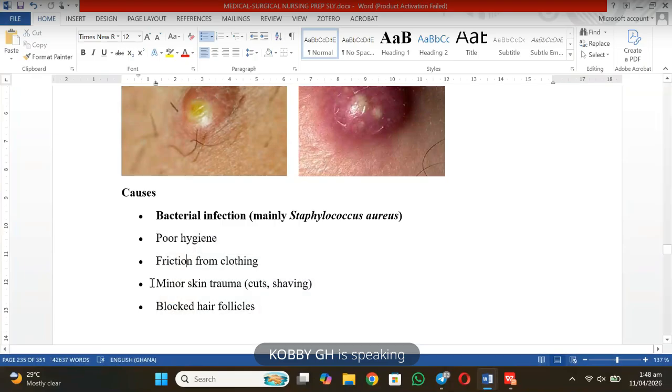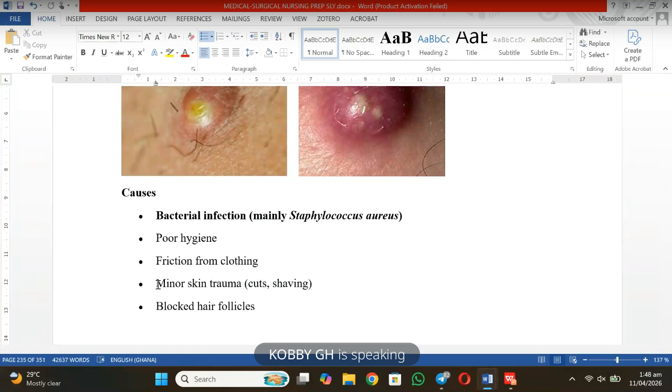Secondly, there are times that you can undergo some shaving. There are some people who shave and afterwards experience some minor cuts. Usually you are at risk.